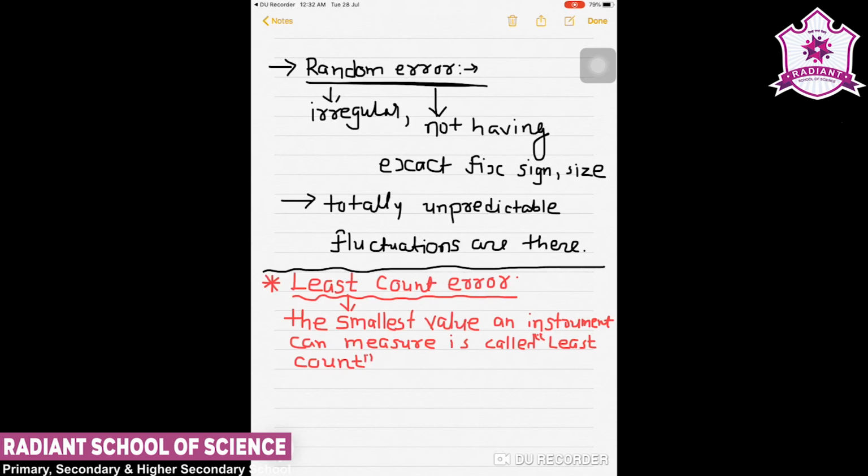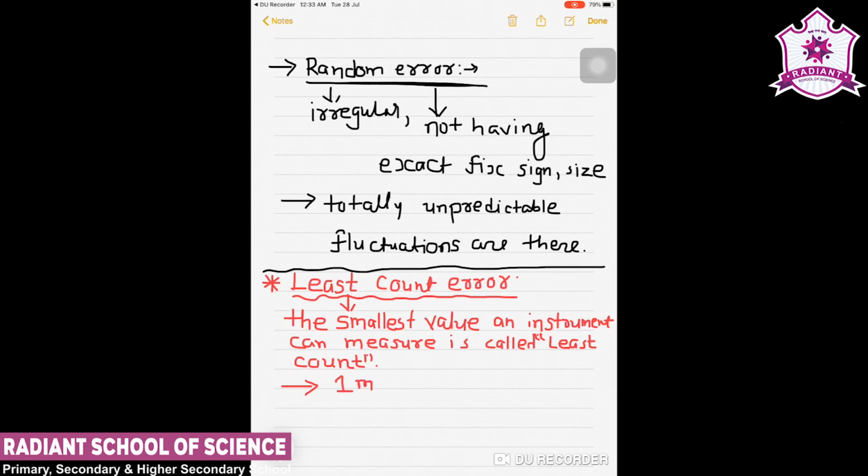Different instruments have different least count capacity. A normal scale with a centimeter or millimeter scale can measure up to 1 millimeter.